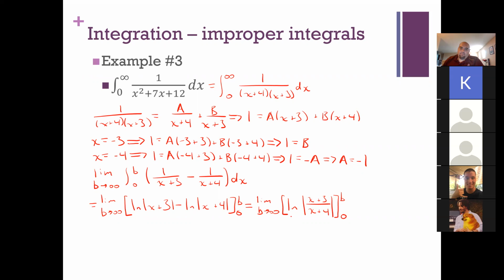Oh, logarithm identity. So hopefully there's something you remember, even if you haven't used it in a while. As long as the logs have the same base, which they do, log of a minus log of b is equal to log of a over b.